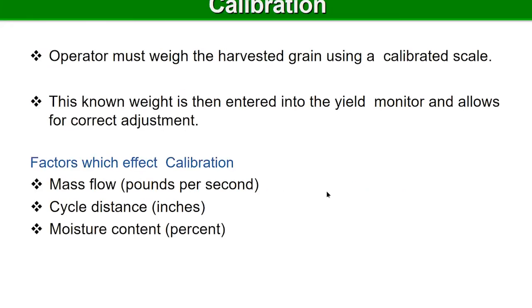So one important topic is calibration. What do we need to calibrate a yield monitor system? First of all, we need to calibrate the moisture sensor. How to do that? There are different moisture sensors.